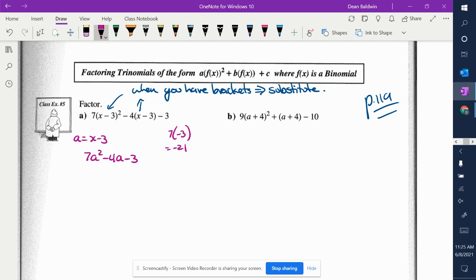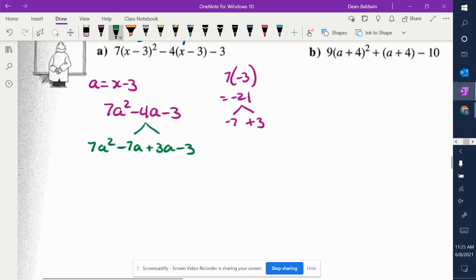So then you ask yourself, what multiplies to negative 21 and adds to negative 4? Negative 7 and positive 3. So now, which do you want to write first? 7, because you have the other 7. So it becomes that. And then group it, right?